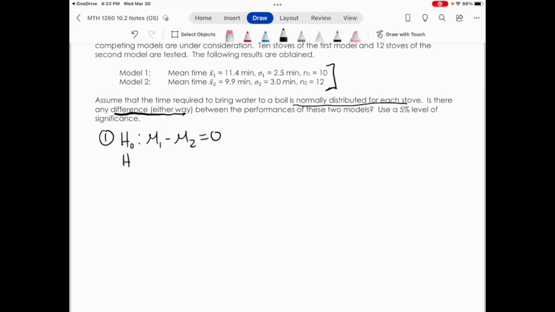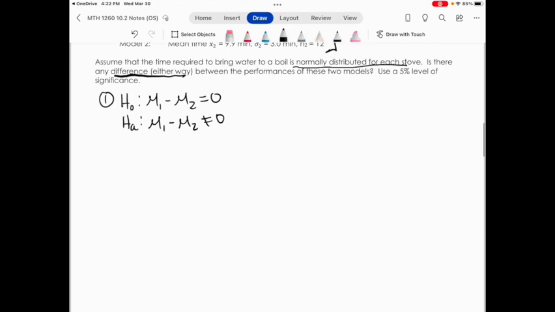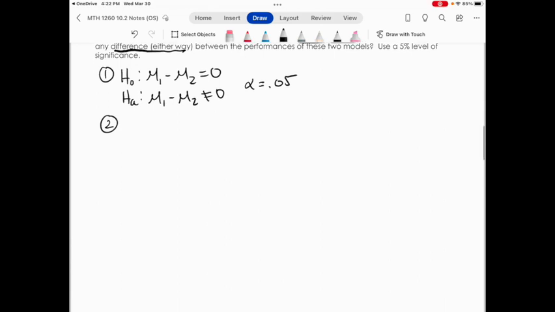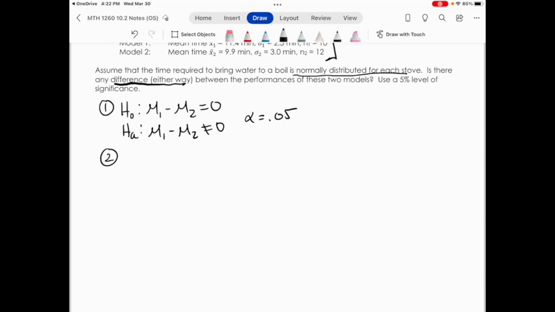The null hypothesis is going to be mu1 minus mu2 is equal to 0. The alternative hypothesis, since we're checking to see if there's a difference either way, is mu1 minus mu2 does not equal 0. And our level of significance is 0.05.